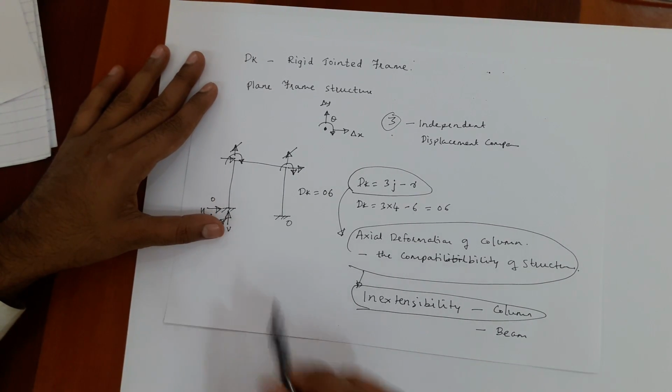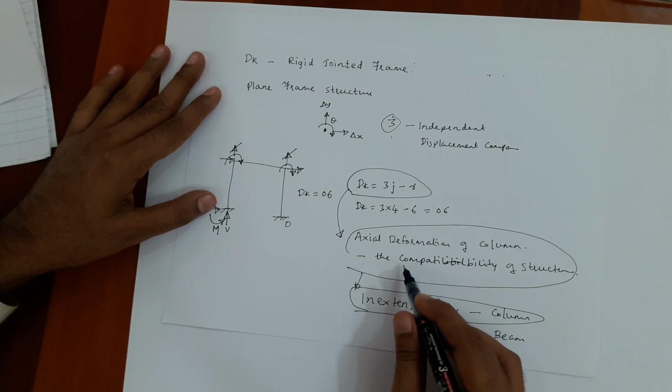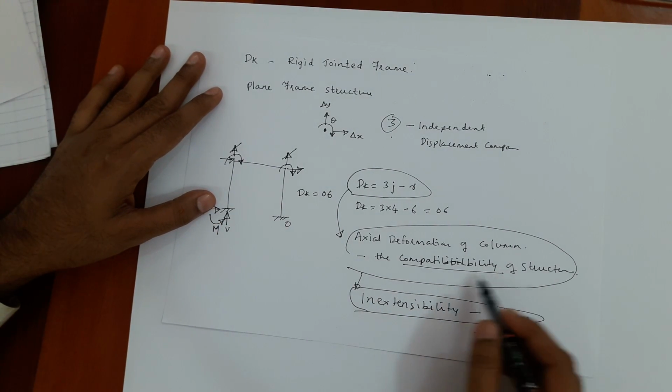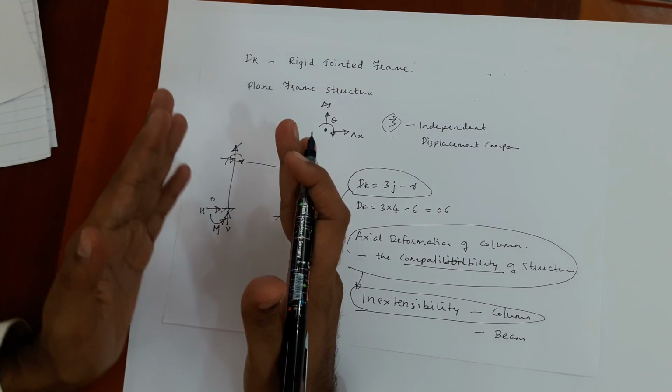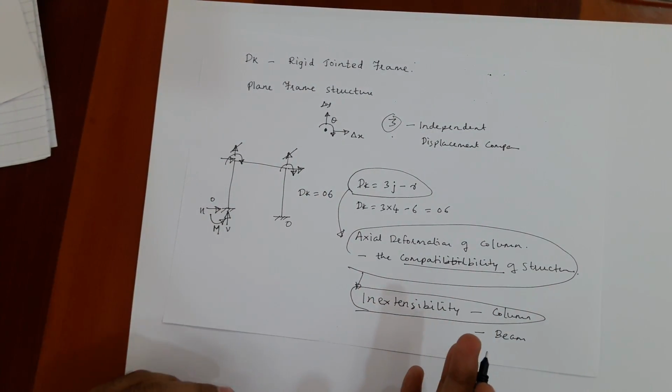So now we will see the inextensibility of beam. Inextensibility of beam means we need to consider the compatibility of the structure. Compatibility means the structure should stay together, the structure should move together.